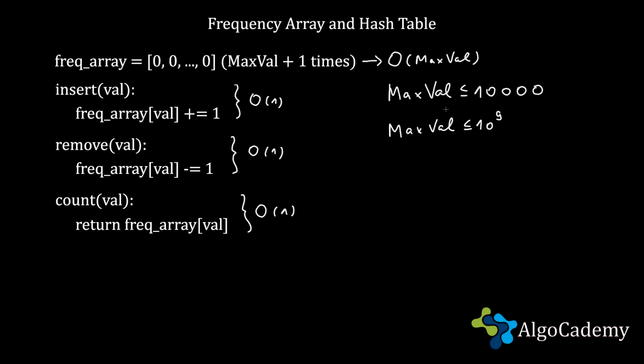So you need to be careful, because the frequency array is a feasible solution only if the problem is nice to you and tells you that you are dealing with small numbers, so you can actually store so many elements in memory.